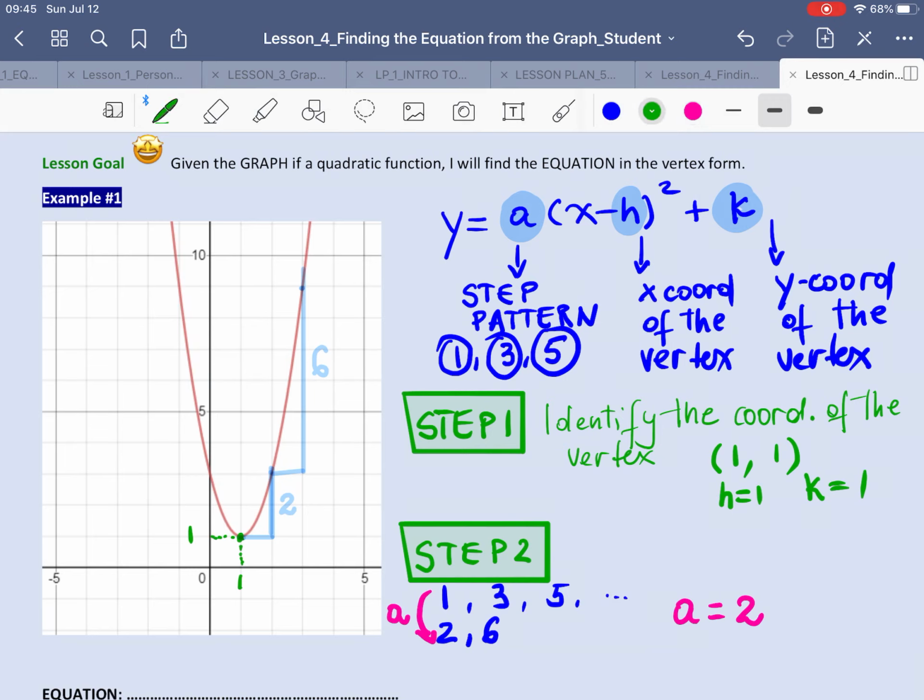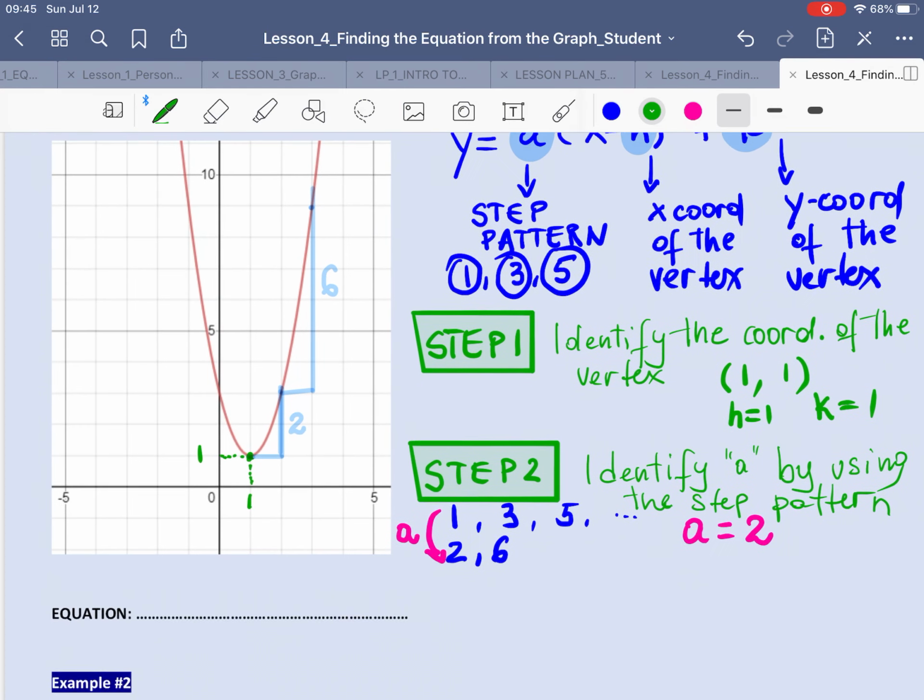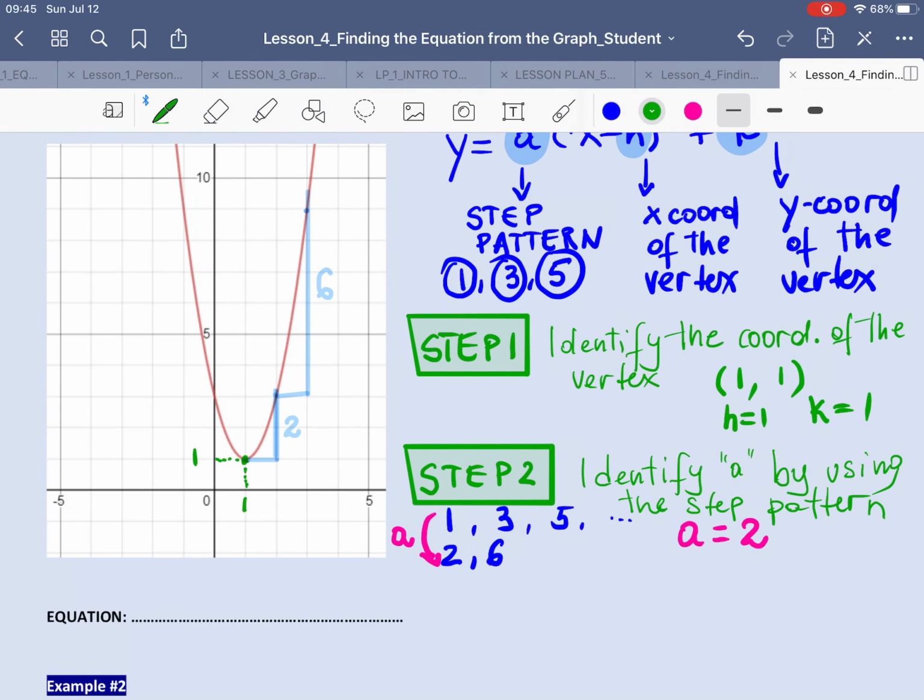And I'm going to write down the step in here. So identify a by using the step pattern. And now I have everything that I need to write the equation of the quadratic relation presented by this graph.